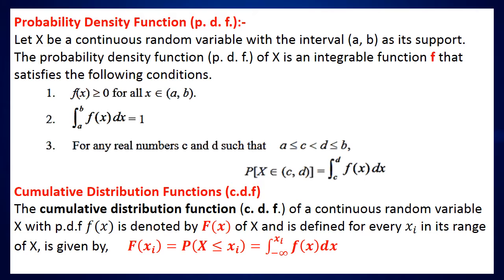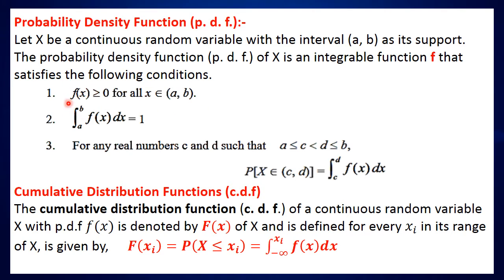Probability density function, PDF. Let x be a continuous random variable with the open interval AB as its support. The probability density function PDF of x is an integrable function f that satisfies these conditions.